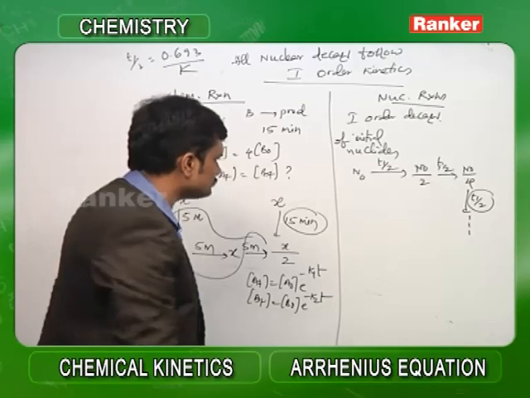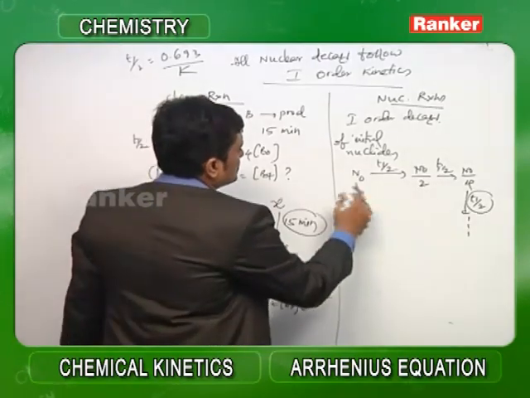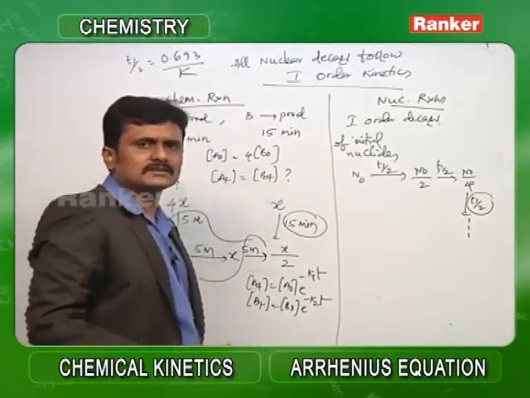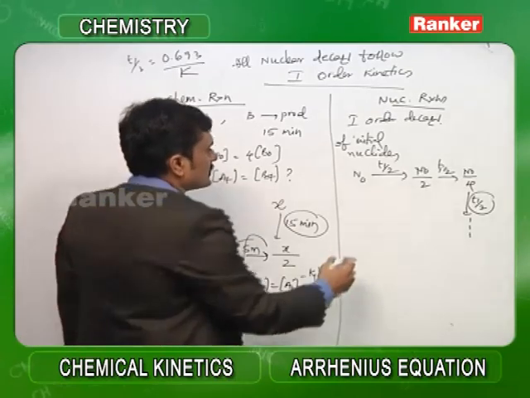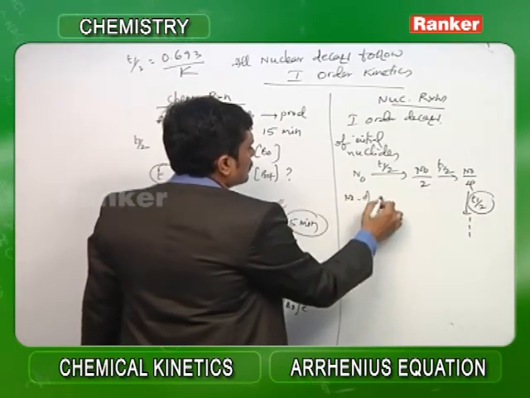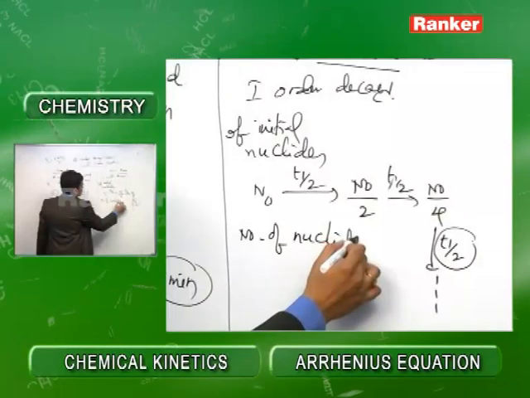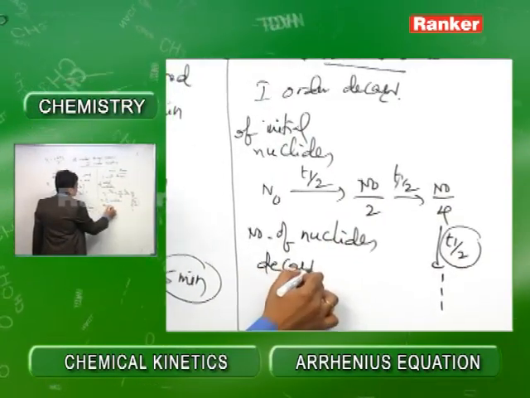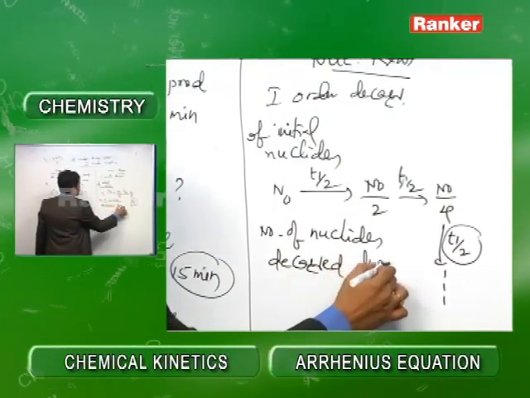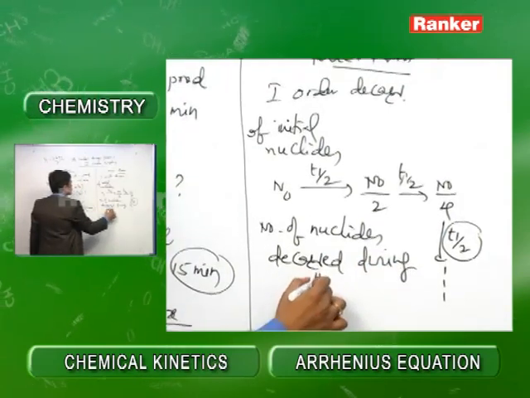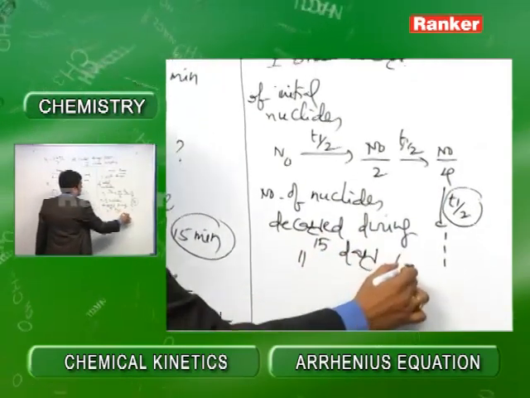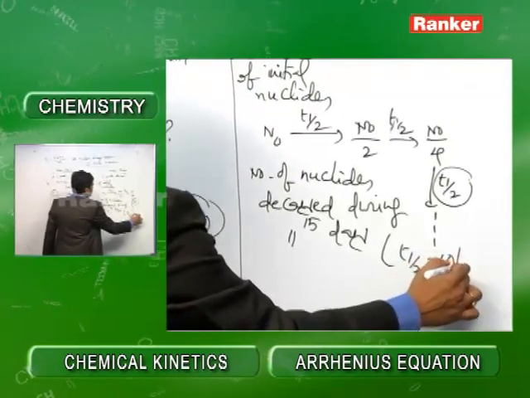Suppose I start with N naught nuclides, and the question asks for the number of nuclides decayed during the 11th day, where the half-life period is given as 10 hours.